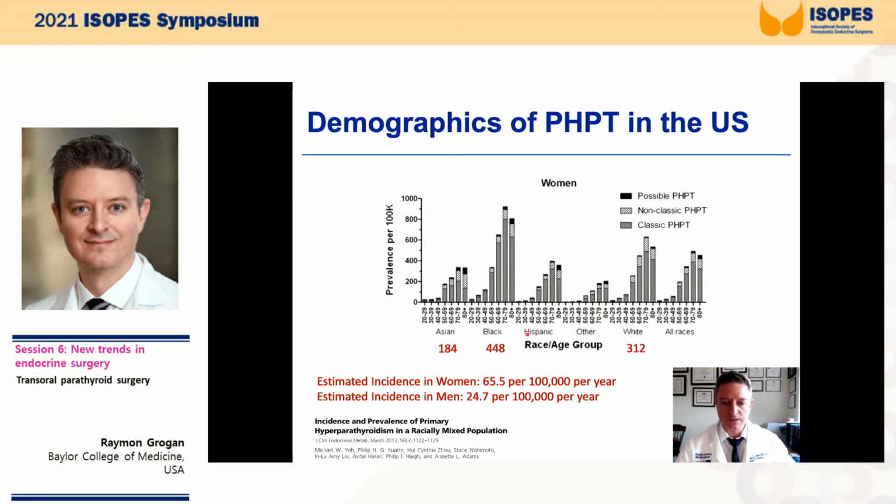Essentially what they found was the highest prevalence was in the Black community, followed by whites, and then the lowest prevalence was in Asians. And the estimated incidence in women was around 65.5 per 100,000 per year, and it's lower in men at 24.7.